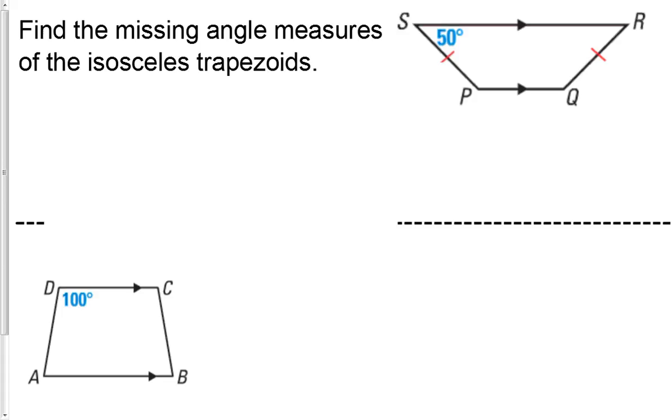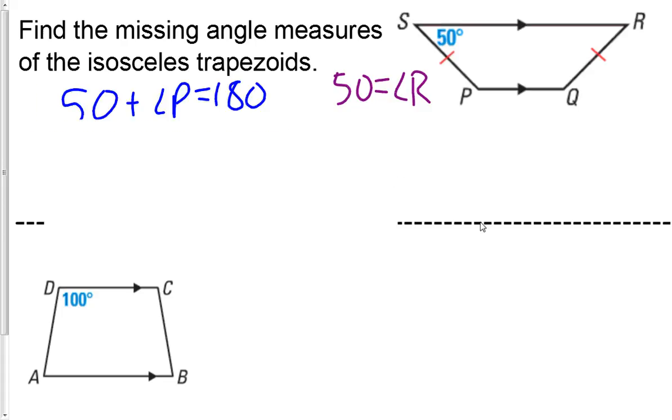Find the missing angle measures of the isosceles trapezoid. So we have 50 here. We know that if this is 50, angle R has to be 50. So 50 is equal to angle R. Next, to find P, we're using the fact that angle S and angle P added together must equal 180. So we have 50 plus P equals 180.